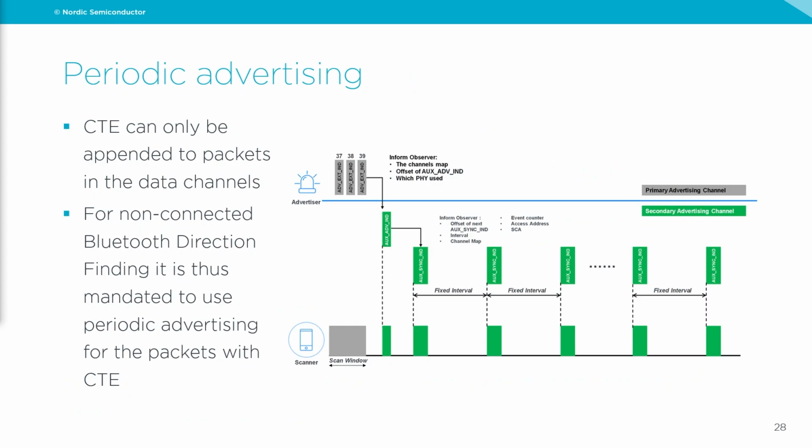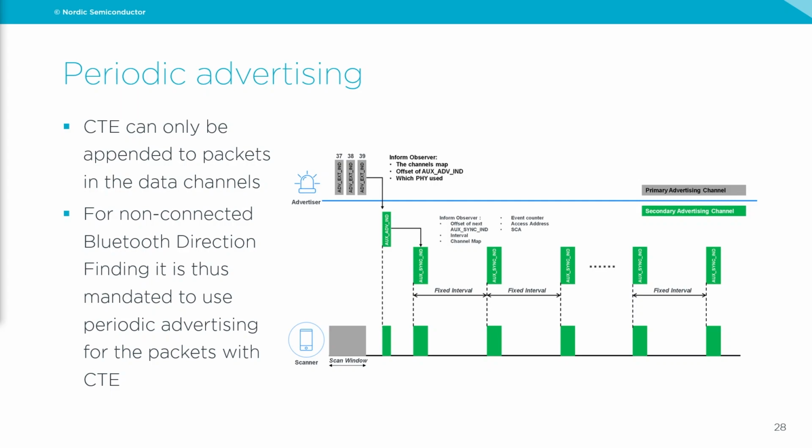One thing, as I said, there is limitations on where you can put the CTE. And this has to do with occupation of spectrum. So you can only append the CTE to packets in the data channels. And that means that you cannot put the CTE on the data in the advertising channels. So to be able to do connectionless solutions, the way this is being done is that you have to use periodic advertising.